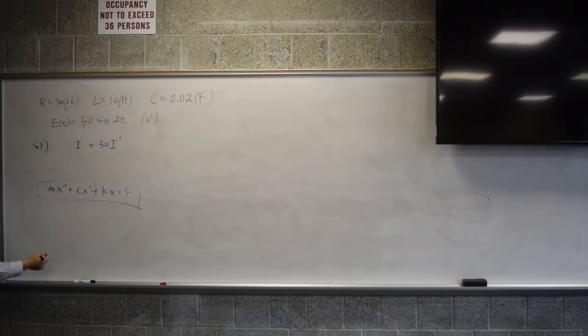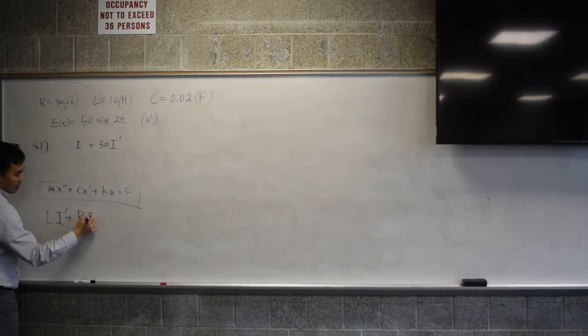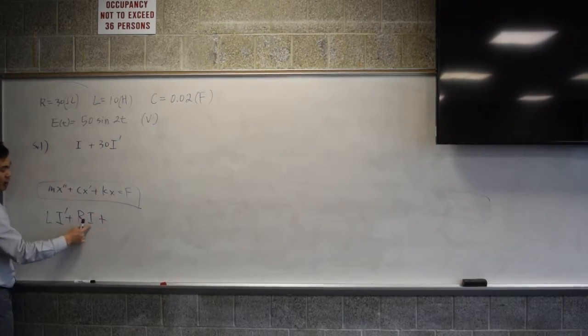So L times the rate of change of the current is the voltage consumption across the inductor, right? So it's really L I prime. R times I is the voltage consumption across a resistor, right?